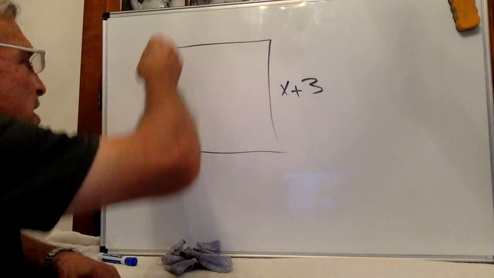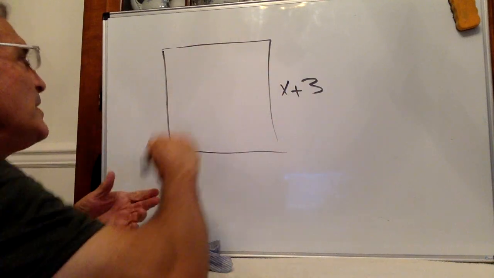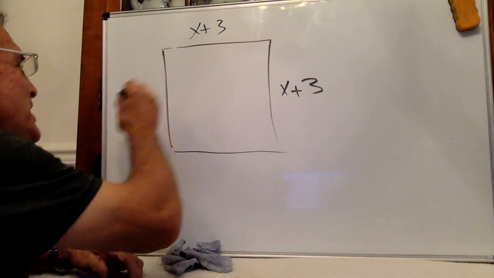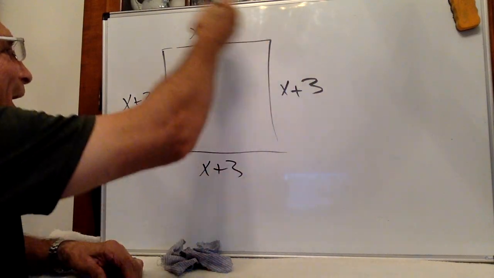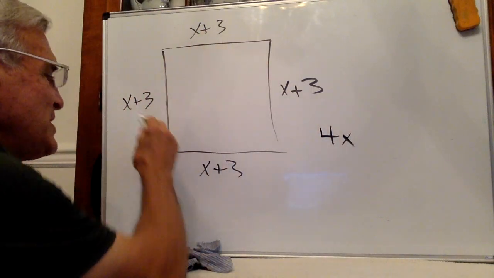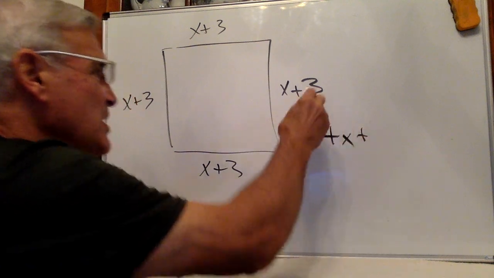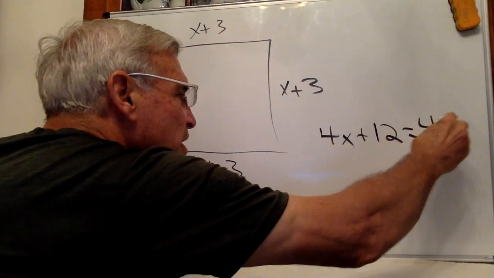Well, perimeter is the four sides added together. This is x plus 3, x plus 3, x plus 3, x plus 3. If you add these all together, you get 4x, because x plus x plus x plus x is 4x, and 3, 6, 9, 12 equals 42.